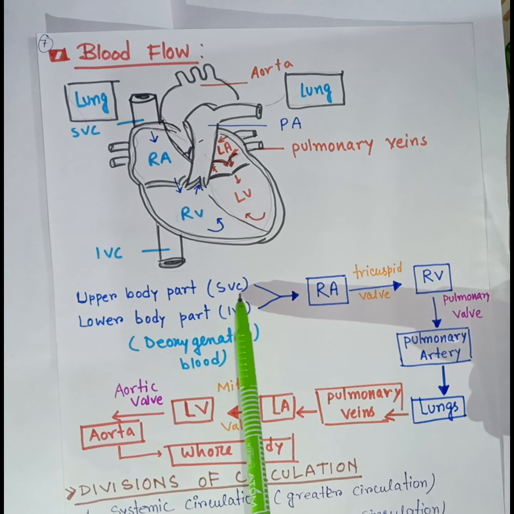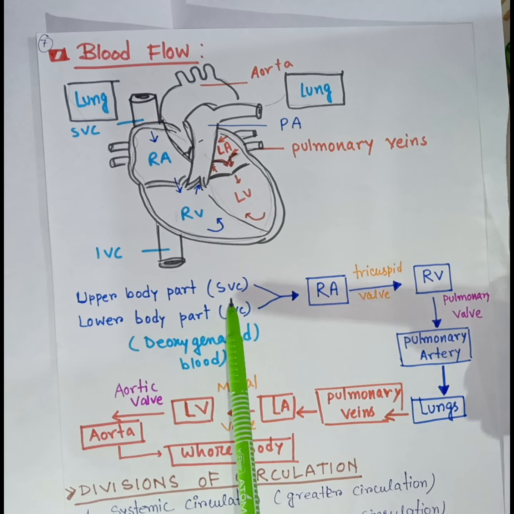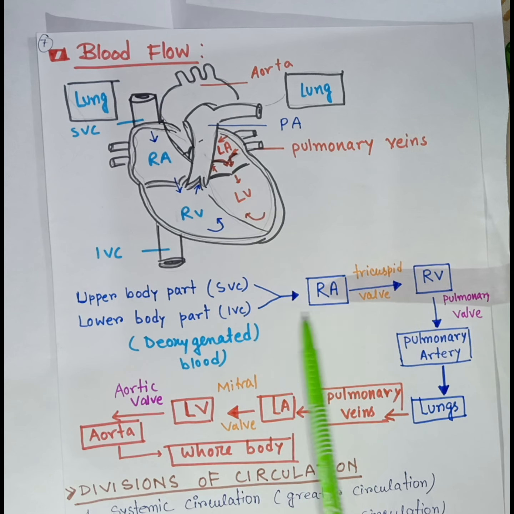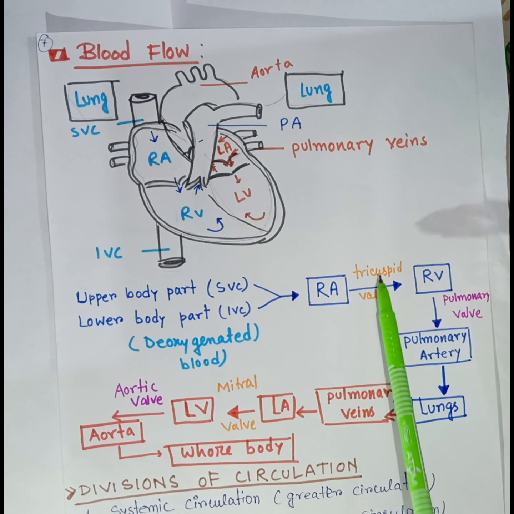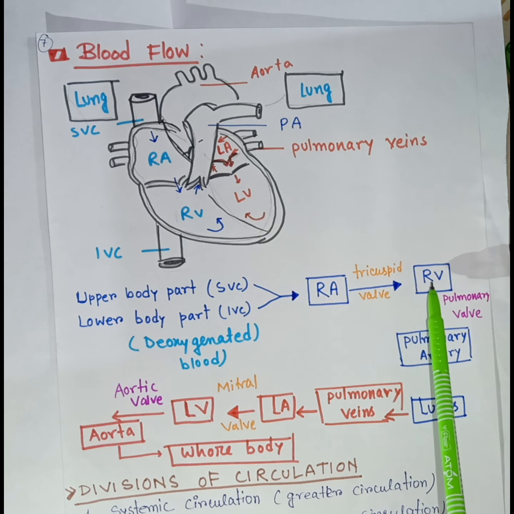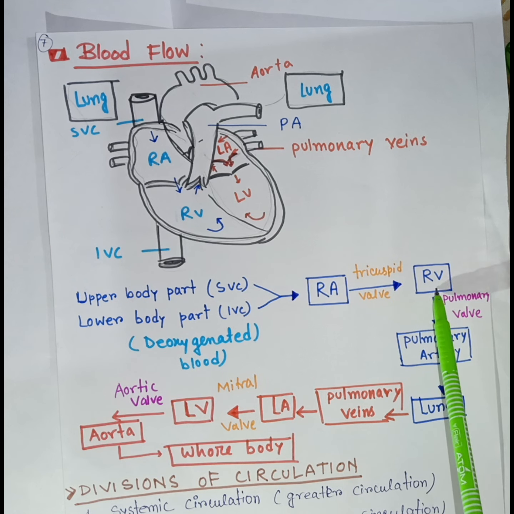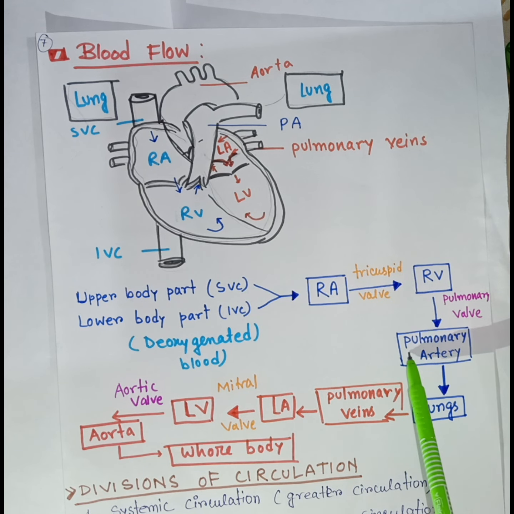So SVC collects blood from the upper part of the body and IVC from the lower part, then it goes into RA, and with the help of the tricuspid valve into RV. RV blood or deoxygenated blood comes into the pulmonary artery with the help of the pulmonary valve, then to the lungs, where deoxygenated blood gets oxygenated, and this blood enters the pulmonary veins.